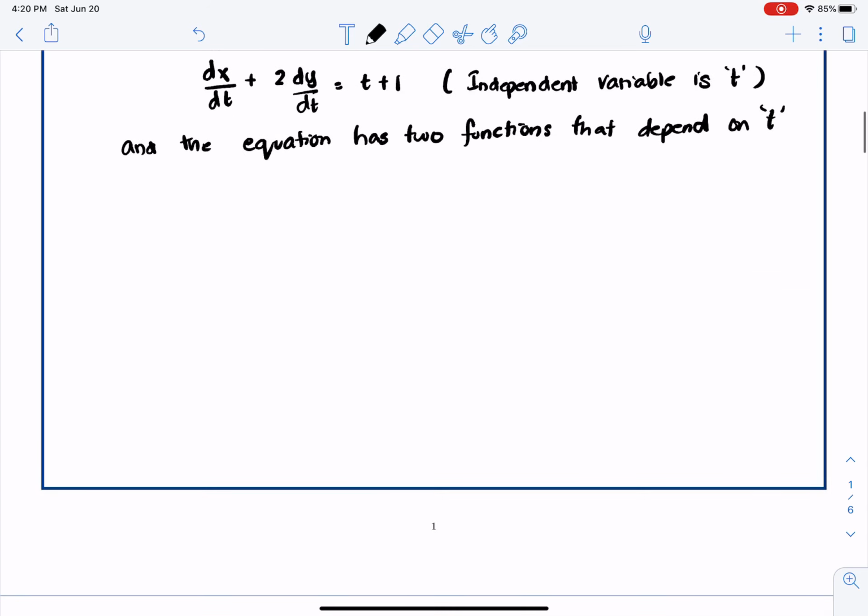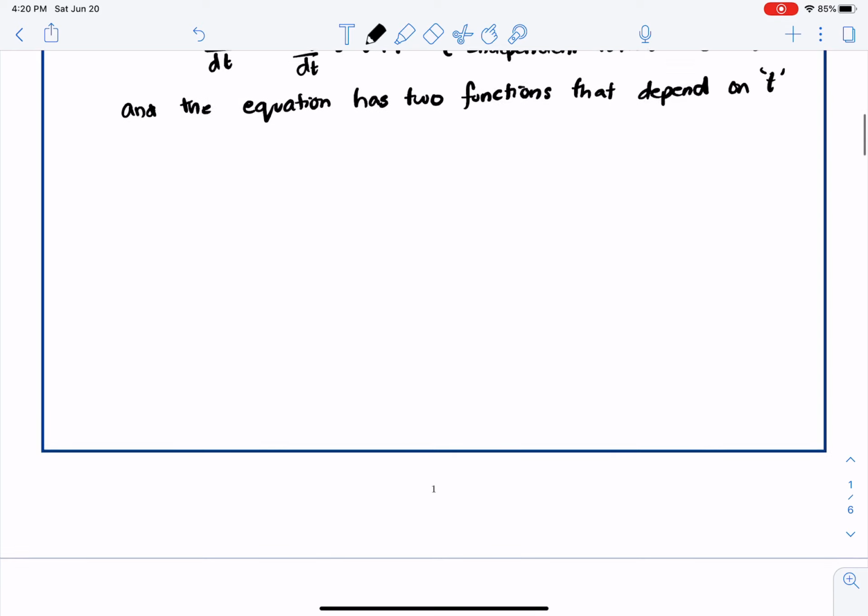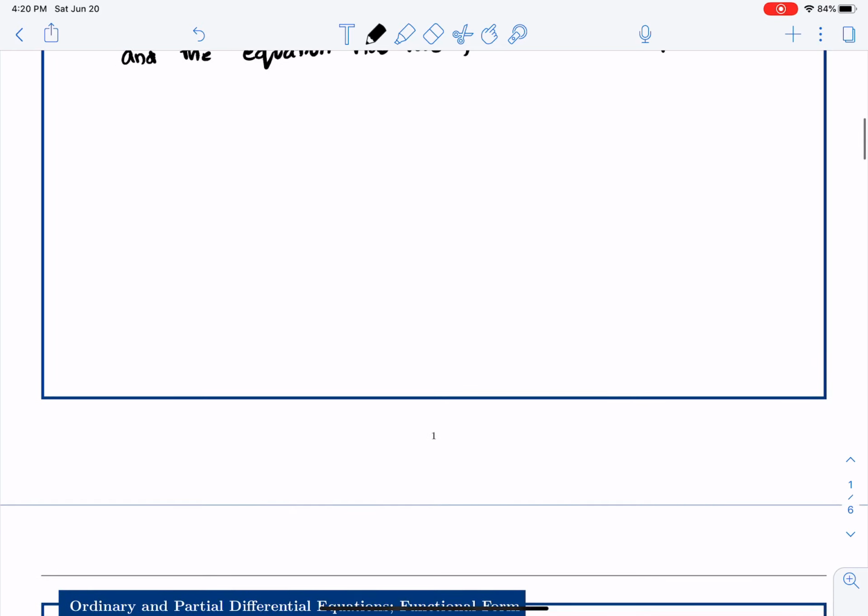So now we've got to go for the notation in using derivatives. One is the prime notation, y prime, y double prime, y triple prime, all the way up to the nth derivative. And the corresponding derivative notation is dy over dx, or the derivative of any dependent variable with respect to the independent variable.